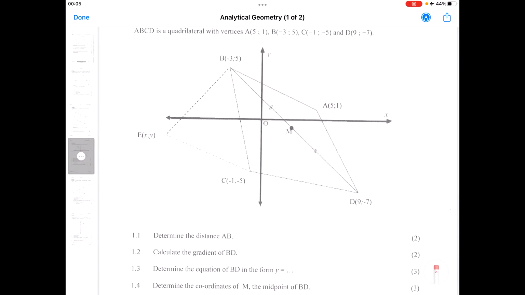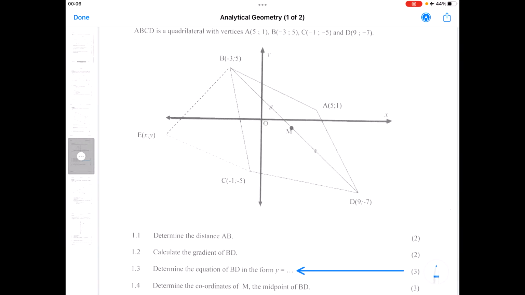Now let's move on to the next question, question 1.3. That question is allocated not 2 marks but 3 marks.